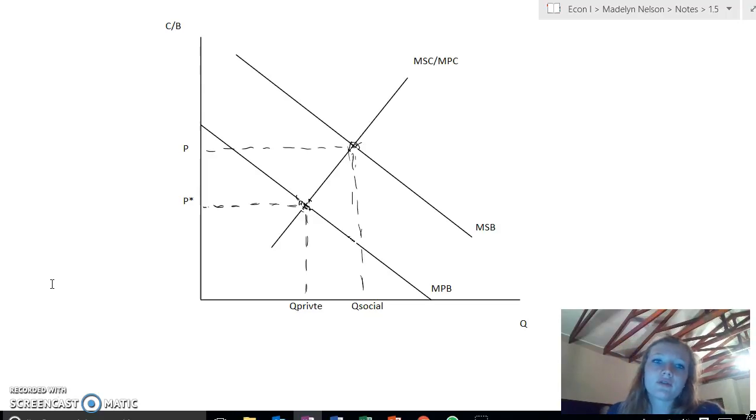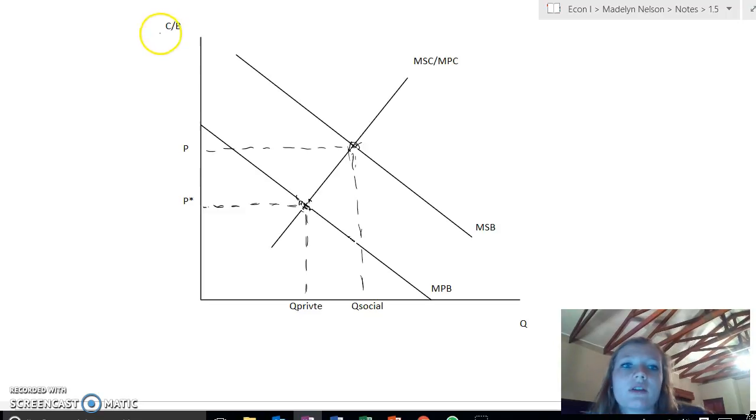So the graph shown here shows the cost and benefit, and then the quantity, and marginal social benefit, marginal private benefit, marginal social cost, and the marginal private cost.